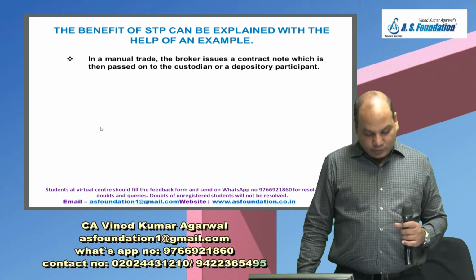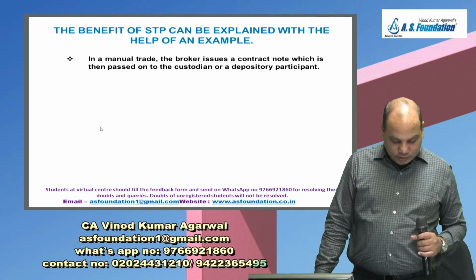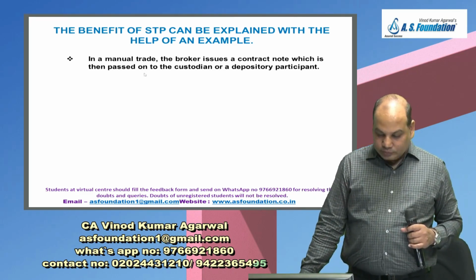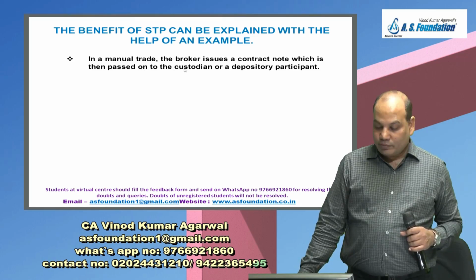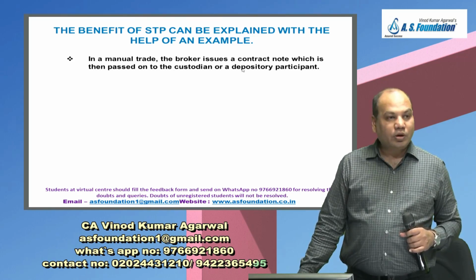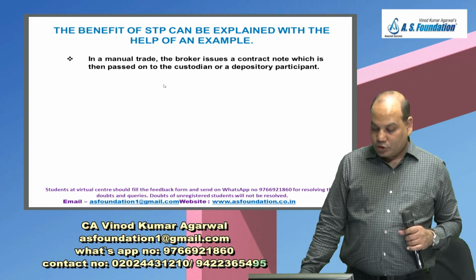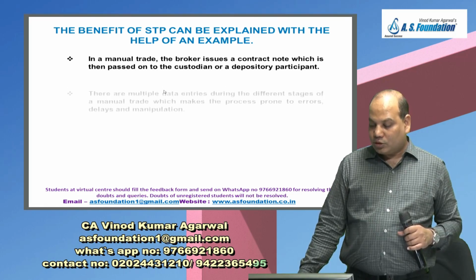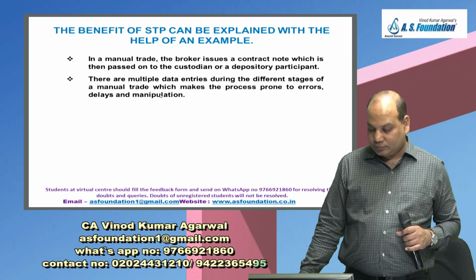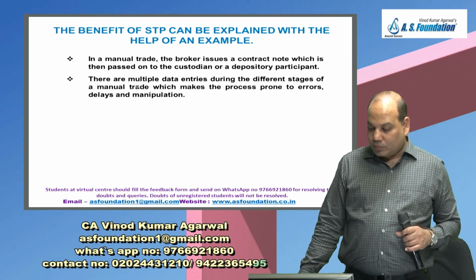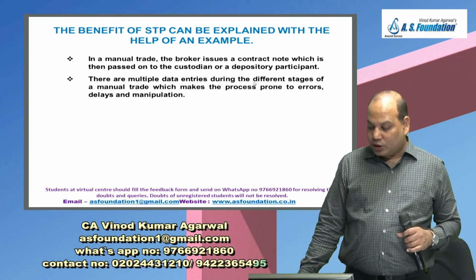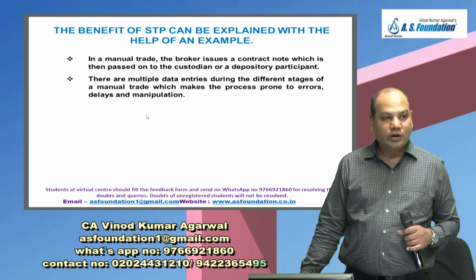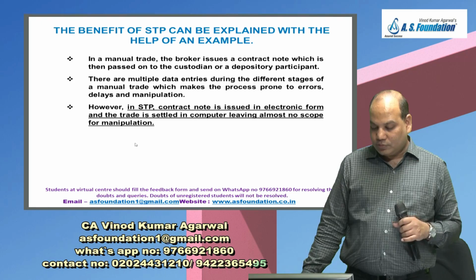Benefits can be explained with the help of an example. In a manual trade, the broker issues a contract note, which is then passed on to the custodian or a depository participant. There are multiple data entries during the different stages of a manual trade, which make the process prone to errors, delays and manipulation.